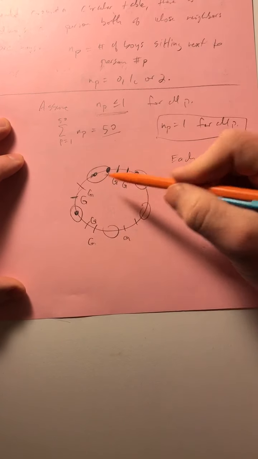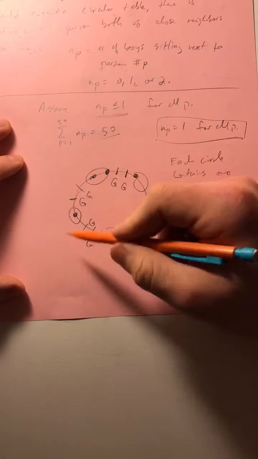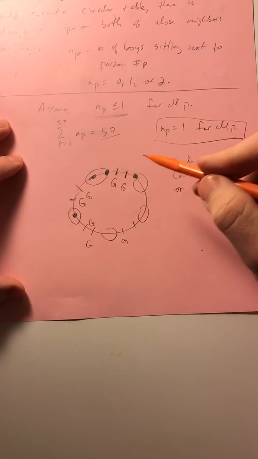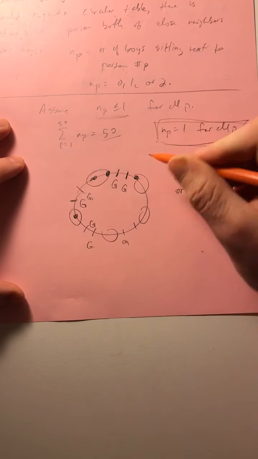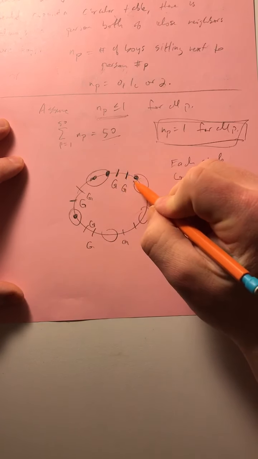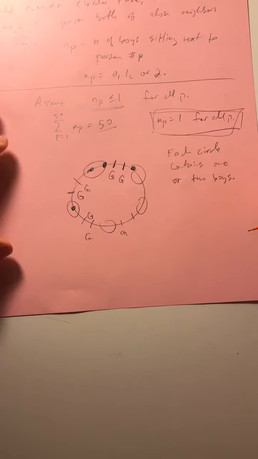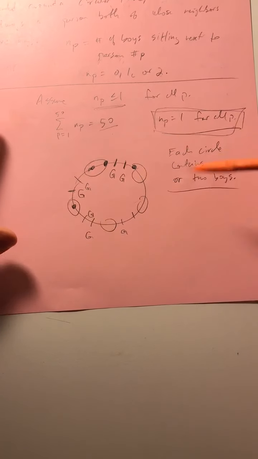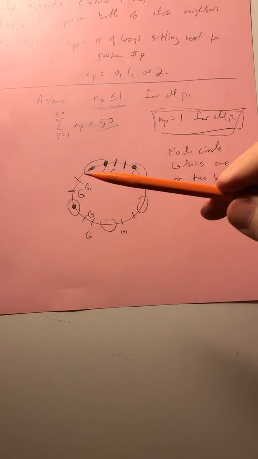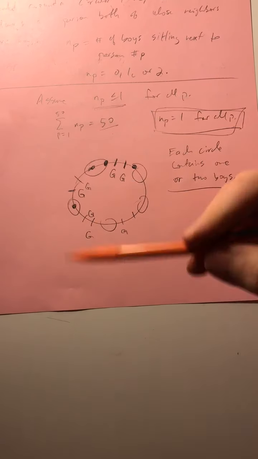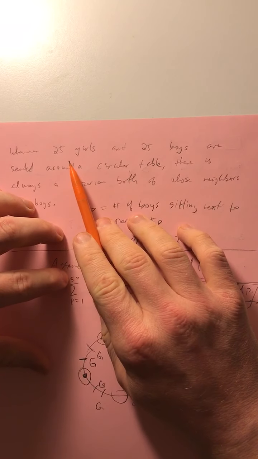So if I divide the table up into circles where the boys are sitting and have the girls splitting those circles apart from each other, then I just argued that in between each pair of circles is exactly two girls. Okay? So if in between each pair of circles I have exactly two girls, that means that overall there's an even number of girls. Okay? So take the number of circles, multiply it by 2, that's the number of girls. But here we have 25 girls, 25 boys. It's not possible to have an even number of girls, and we're done.